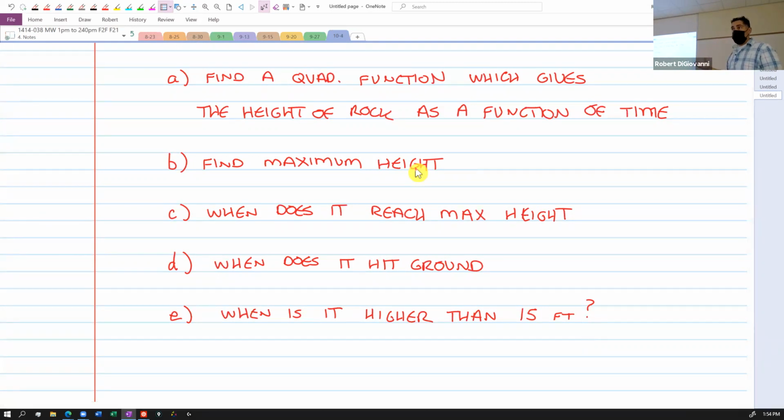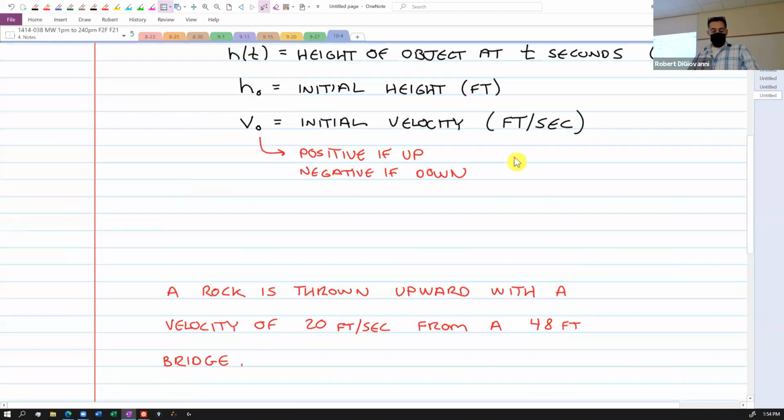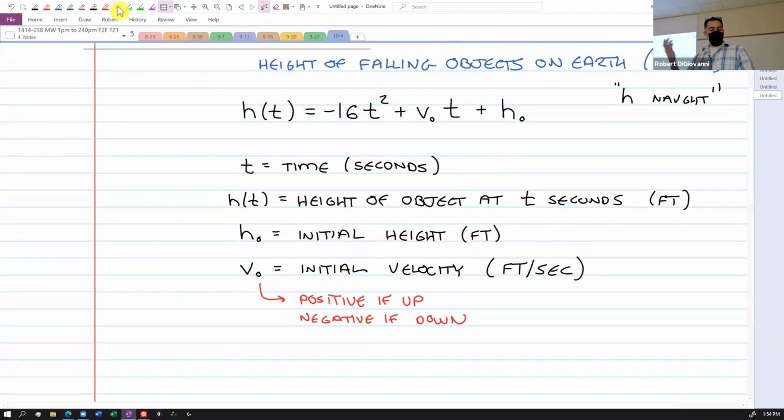First thing is the function, right? So I gave you a generic function. The only thing it needs to work is you have to tell it what the starting height is and what the starting velocity is. I've provided both of those, right? The height was 48 feet and the velocity was 20 feet per second. And I said it was thrown upward, right? So we're going to use positive 20.